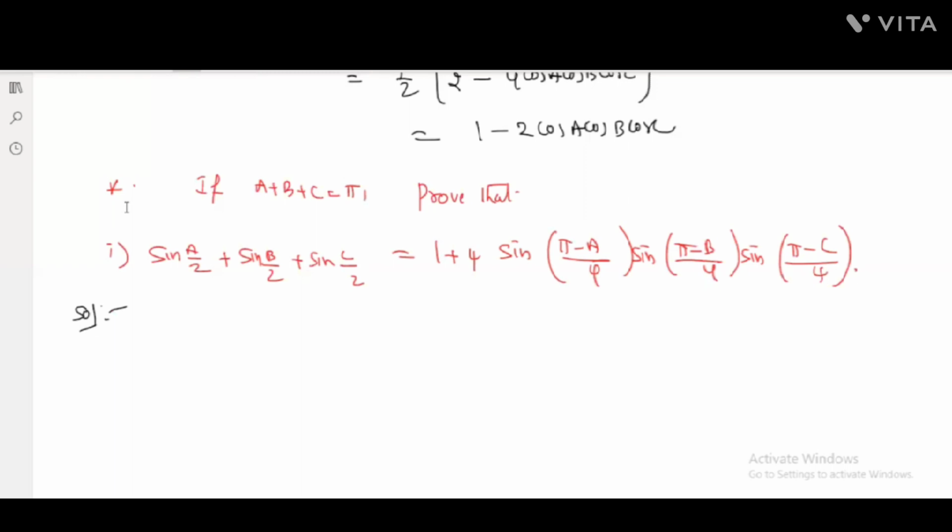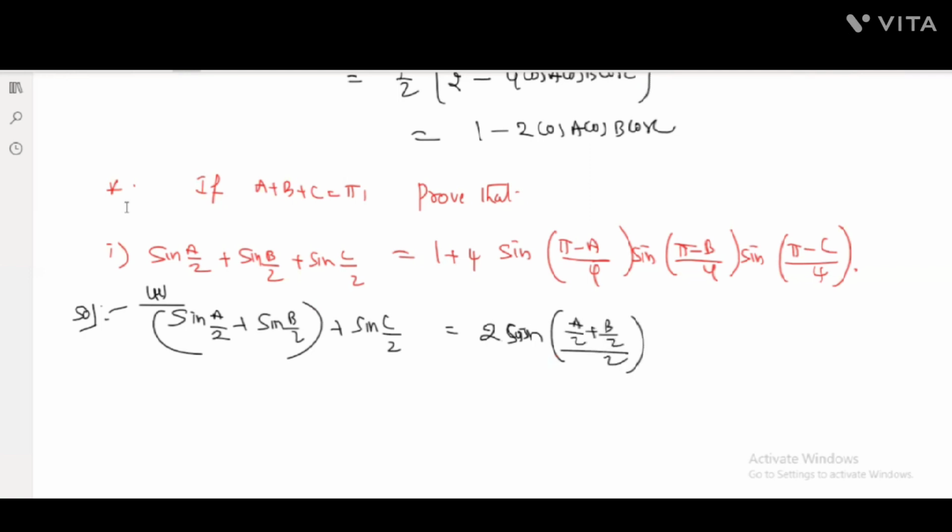So what is the solution for this one? First I'll take the LHS. I'll group the terms sine a by 2 plus sine b by 2 as one term. So we can write it like sine C plus sine D equals 2 sine of C plus D by 2 cos of C minus D by 2, plus sine c by 2.